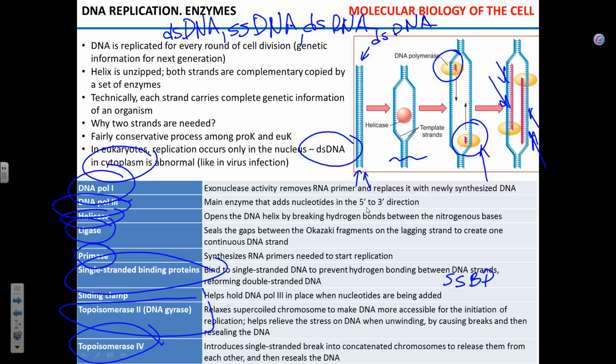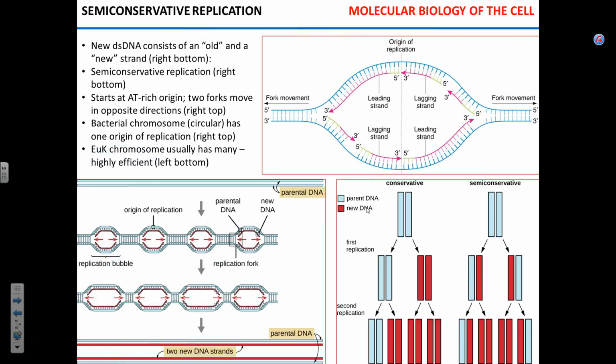So topoisomerase IV introduces breaks that allow you to separate the copies. Does that make sense? Well, I believe it doesn't, but we'll get to this. Okay, let's take a break, and when we come back, we'll continue discussing the replication.